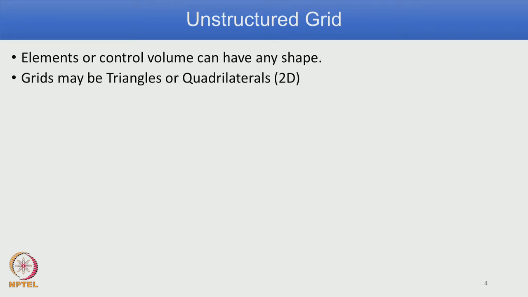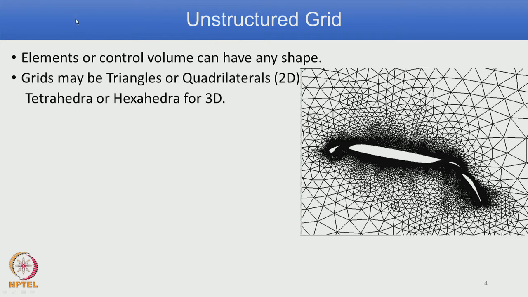Here the elements or control volumes can have any shape. In a structured grid there is a definite shape and that shape is the same, whereas in an unstructured grid you can have any shape. What is shown here is an example: the flow past an aerofoil with an attachment on the front portion as well as the back portion.